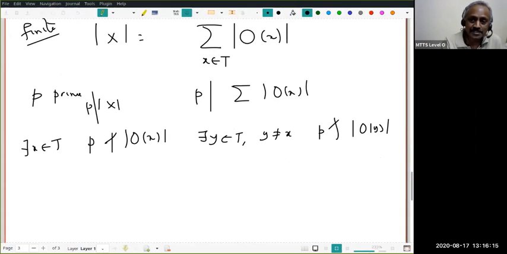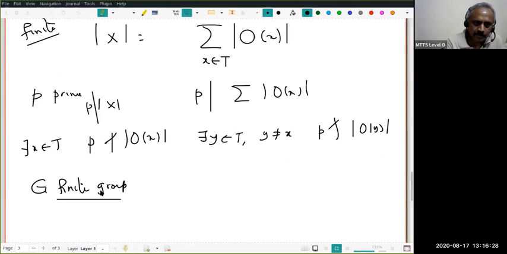But there is something very interesting. In particular, let us see. Suppose G is also a finite group now. See, now we are restricting X to be finite, G also a finite group. Now let's play with this.